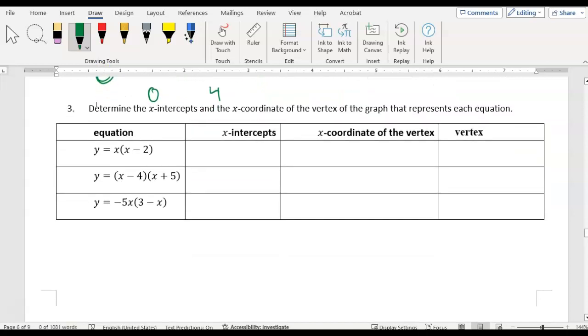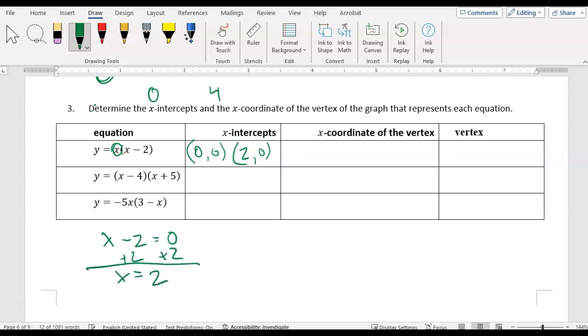Determine the x-intercepts and the x-coordinate of the vertex of the graph that represents each equation. For the x-intercepts, we're going to set each factor to 0, so one of them is 0, 0, and the other one is going to be 2, 0. If it helps you to see it, we do x minus 2 equals 0, add 2 on both sides, and we get x equals 2, so we know that's one of the x-intercepts.